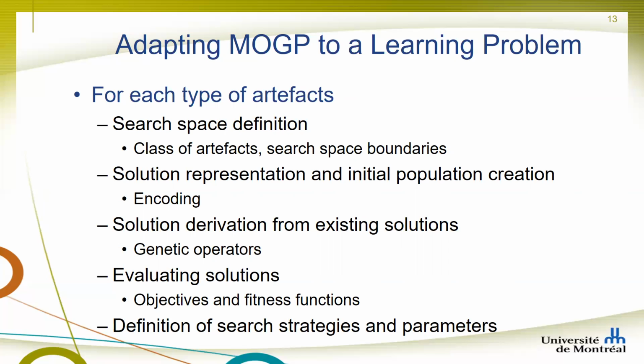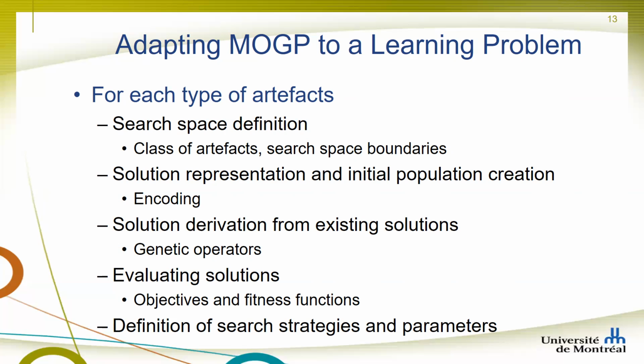But this can be huge, so sometimes I have to define my search space. Once I define my search space, the question is how I can represent the solutions inside the search space. So what is the encoding of solutions, and how to create an initial population to start my process.